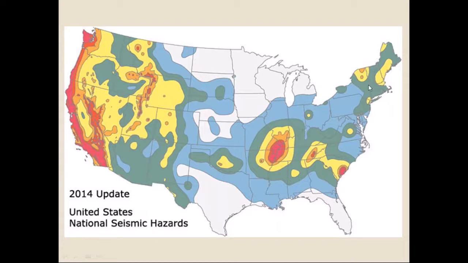The east coast, not on a plate boundary, so seismic hazards essentially low. And in the middle of the country, some places are just basically non-existent. So to head off the inevitable question that I know is coming, if the East Coast, for example, is not near a plate boundary, why do we still have seismic activity in that part of the country?